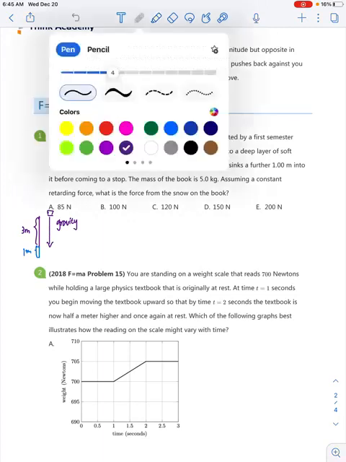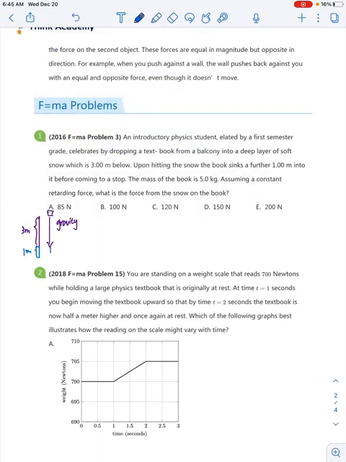But then for the second step, there is the gravity plus the retarding force by the snow. And as you can see, because the book is going to stop eventually, the retarding force must be larger than the gravity, right? So that the book can come to a stop.